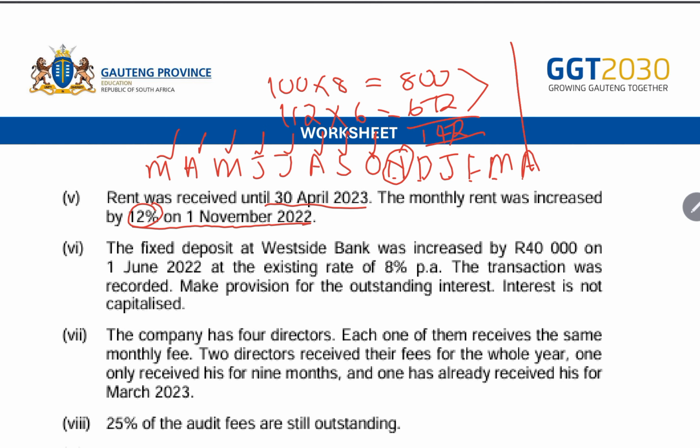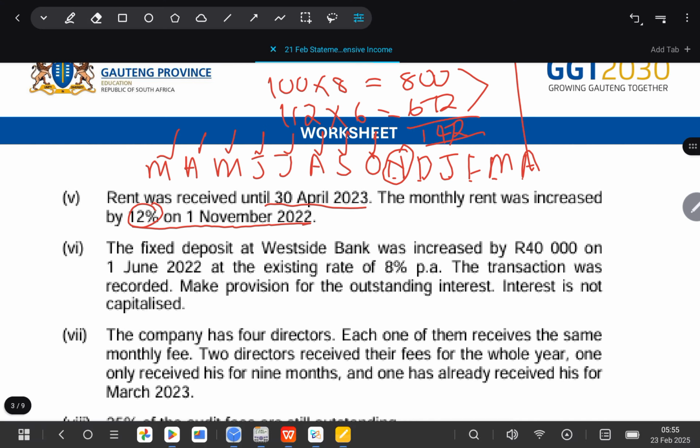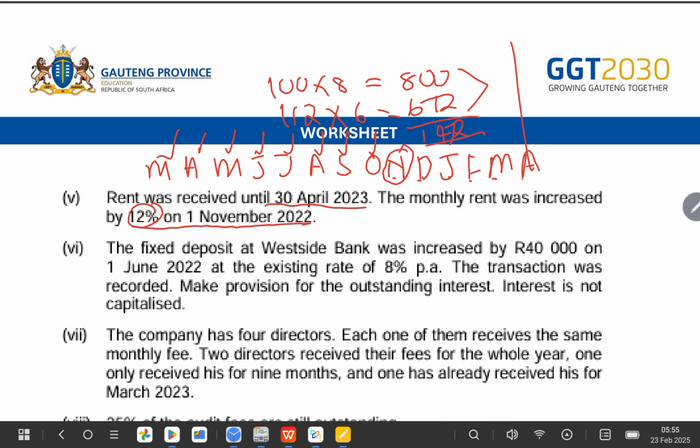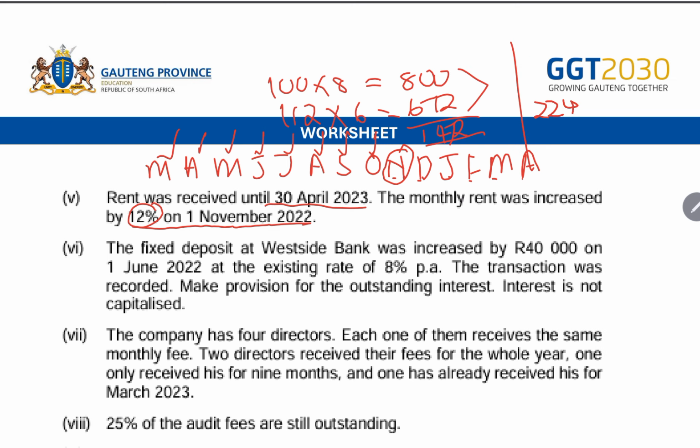So it means it will be 112 by 2 because we received up until April. So 112 multiplied by 2 gives you 224. So we're going to say 224 divided by 1,472 times the amount of rent that we have received.